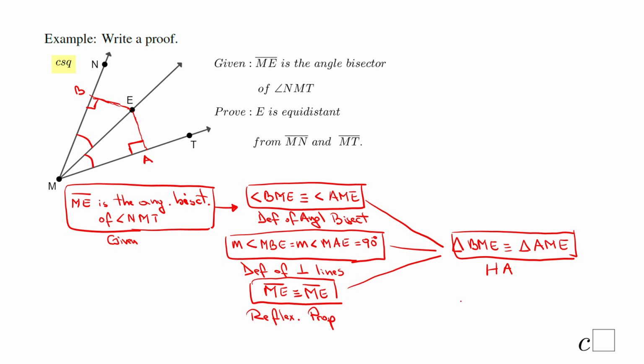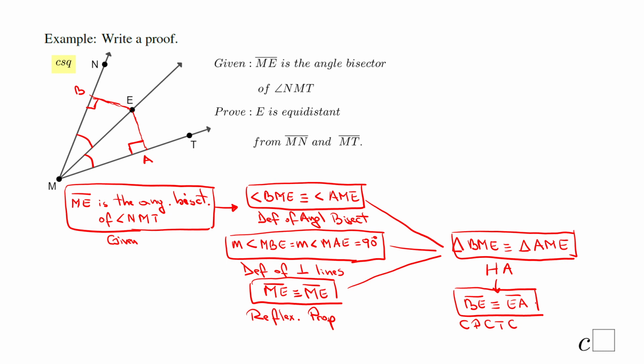And now from this statement I can really say BE is congruent with EA. And what's the reasoning of this statement? Corresponding parts of congruent triangles are congruent.